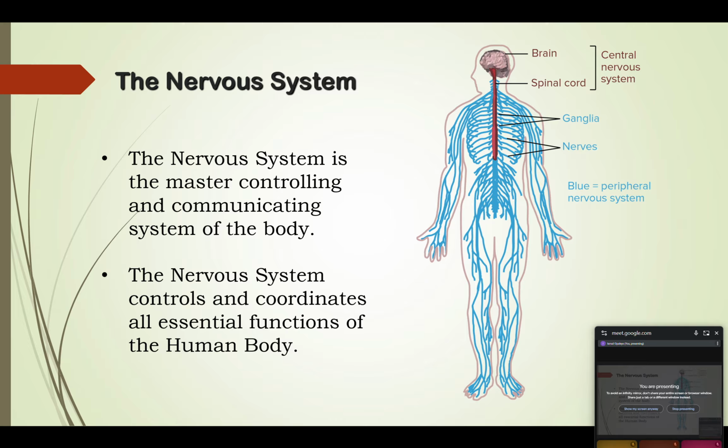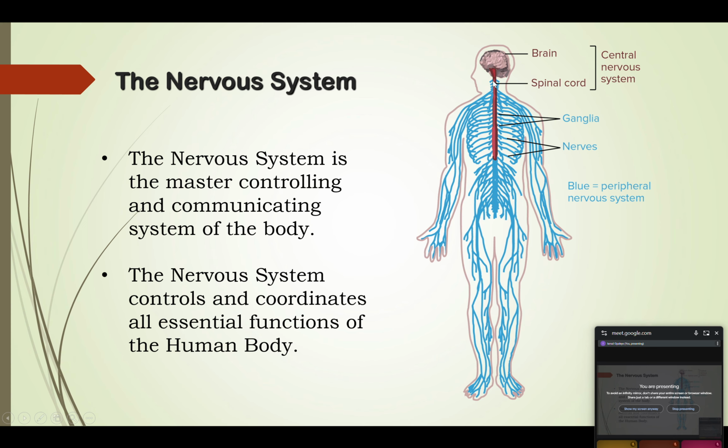It travels down to the control center, the brain, and from there it sends out information so as to take a proper action. So the nervous system is the master controlling and communicating system of the body, and it controls and coordinates all essential functions of the human body.